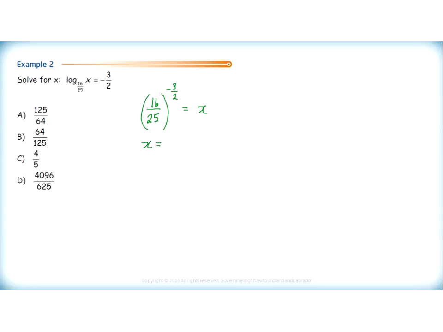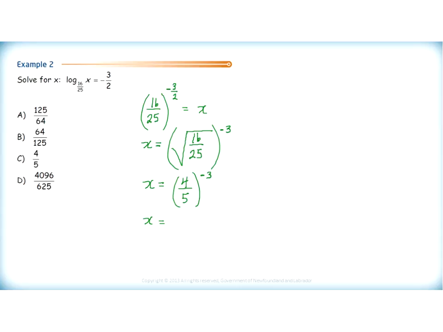Therefore, x is equal to, now once again we have a fractional exponent, which we could convert to a radical. That's the same as the square root of 16 over 25, all raised to the power of negative 3. The square root of 16 over 25 is equal to 4 over 5, raised to the power of negative 3.